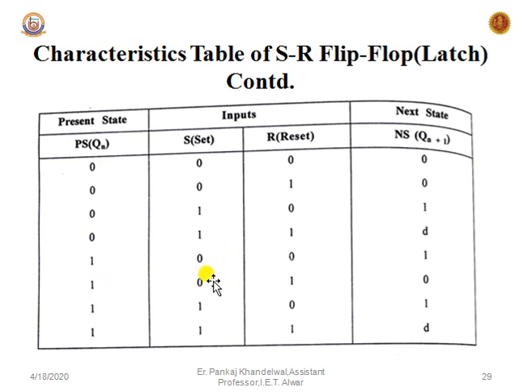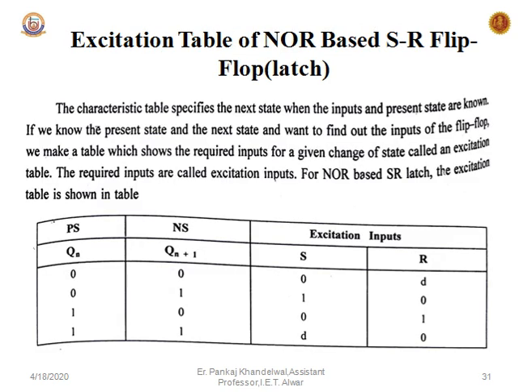In this row, the set is 0 and the reset is 1, so we can put set 0 and reset 1.